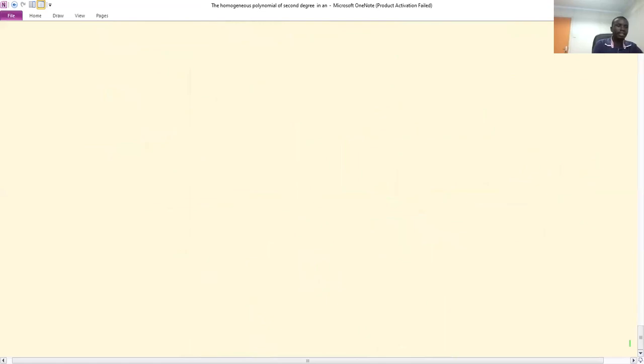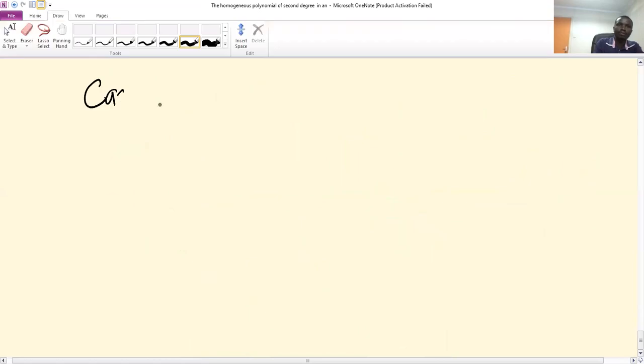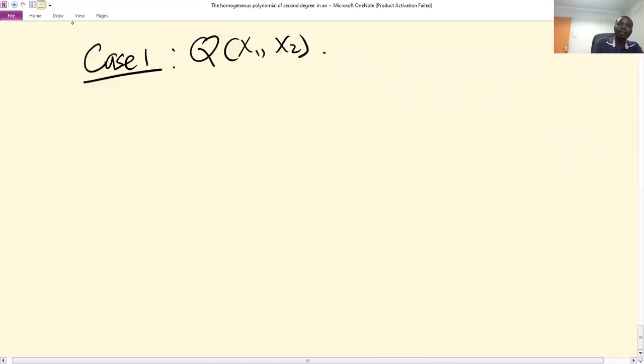Now let's consider 2 cases: a case where we have only 2 variables and a case where you have 3 variables. So case 1, Q of x1, x2, where we have only 2 variables in the quadratic form, x1 and x2. Now, the X vector will be given by X1, X2.